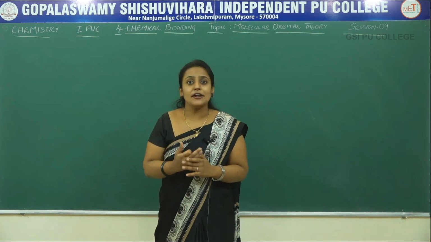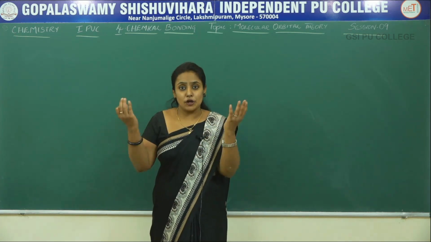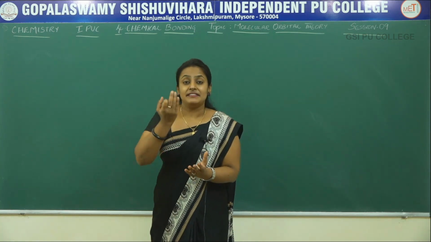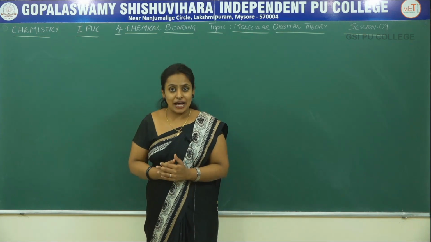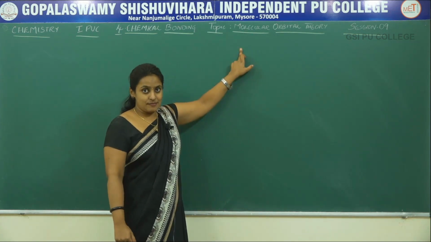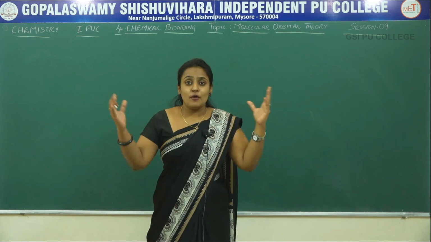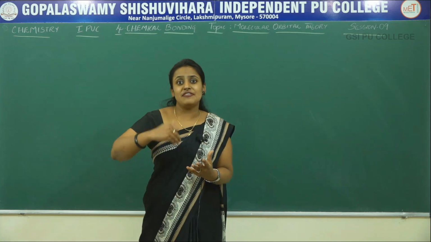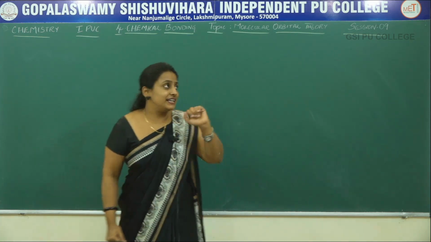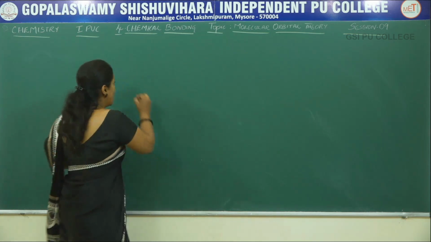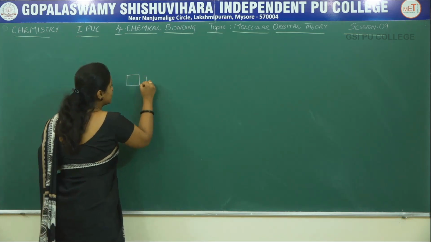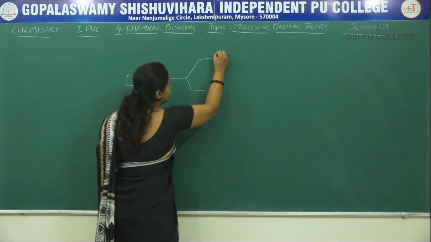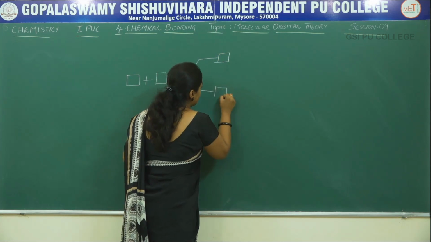According to this molecular orbital theory, two atomic orbitals combine to give two new orbitals. These two new orbitals are known as molecular orbitals. Whereas in valence bond theory, when atomic orbitals combine, electron sharing takes place as well as a covalent bond is formed. But in molecular orbital theory, the two atomic orbitals combine with each other to form two new orbitals, which are known as molecular orbitals.